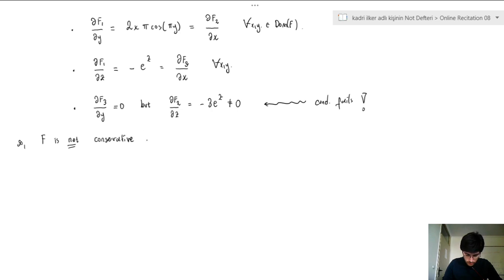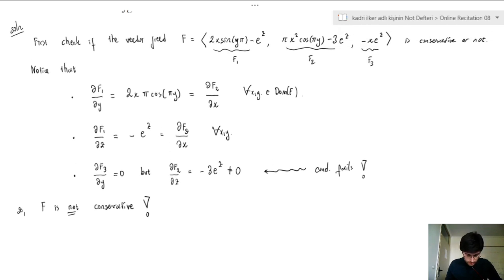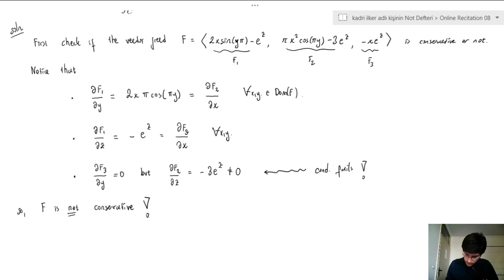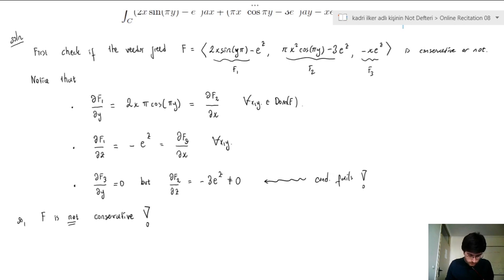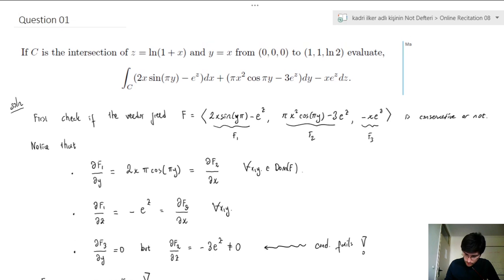Remember the last time, if we end up with such a case, what we are supposed to do is just use direct computations.